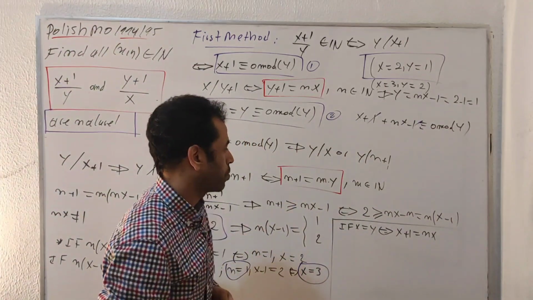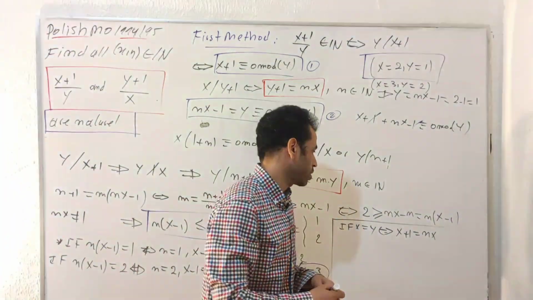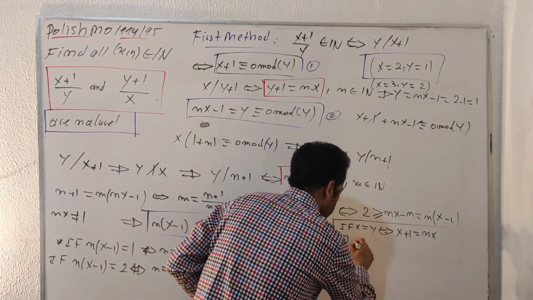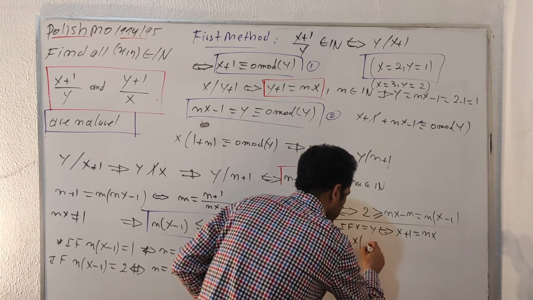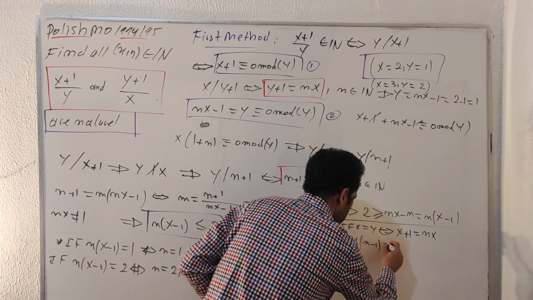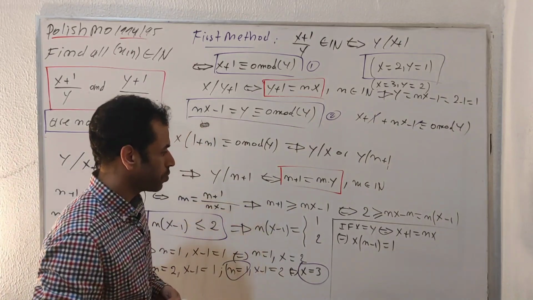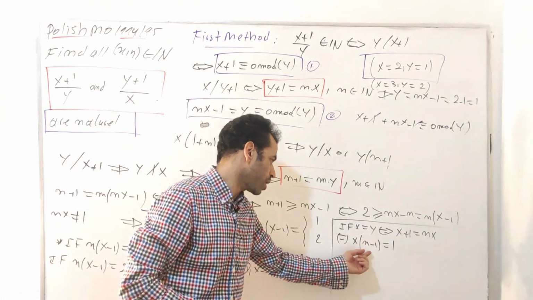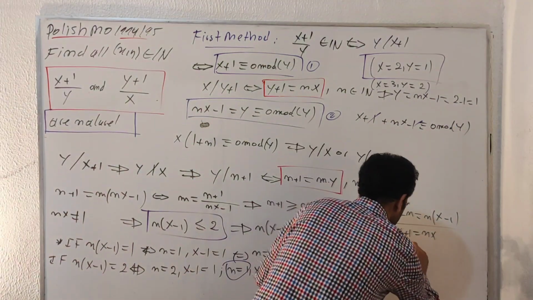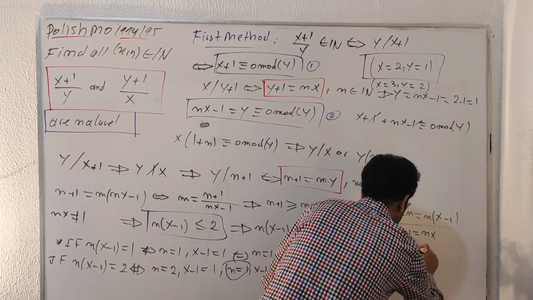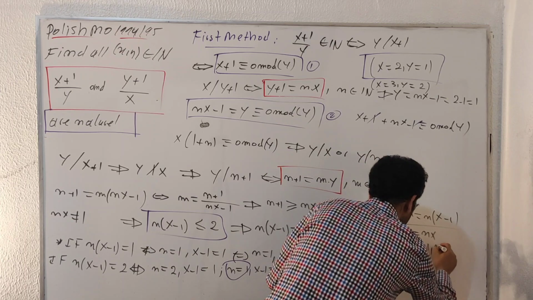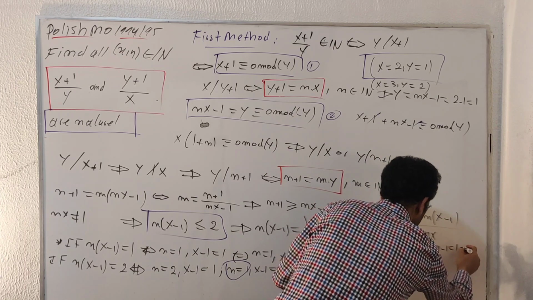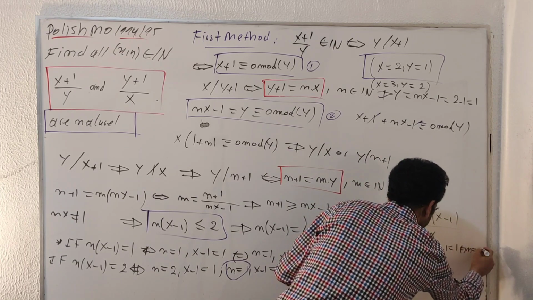By moving x over to the right, I will get x multiplied by n minus 1 equals 1. Since this product equals 1, which means x equals 1 and n minus 1 equals 1. This is telling us x equals 1, and n minus 1 equals 1 is equivalent to n equals 2.